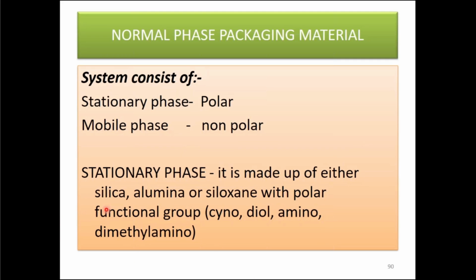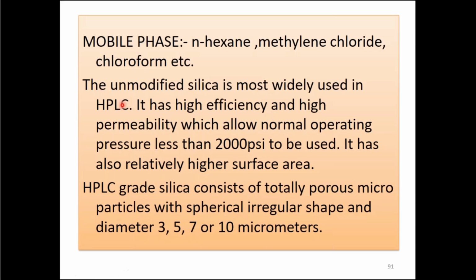So when you hear such names, these all refer to the normal phase column. And we are going to be doing a normal phase HPLC. The mobile phase in these columns in the normal phase chromatography would be more nonpolar. So it could be n-hexane, methylene chloride, chloroform, etc. So you all know these are the nonpolar mobile phases. They could also be mixtures.